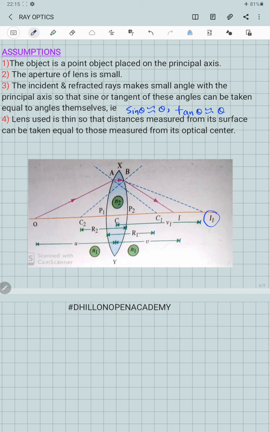So I1 will be the image formed by the spherical surface XP1Y for the object O.